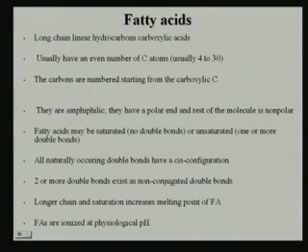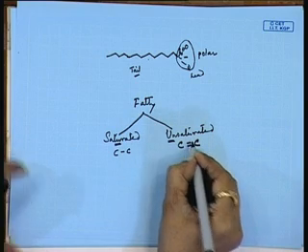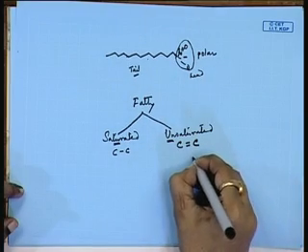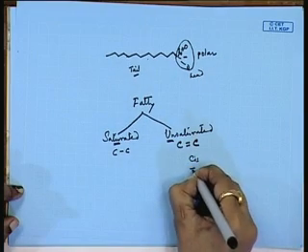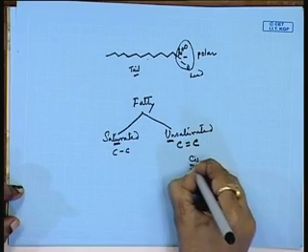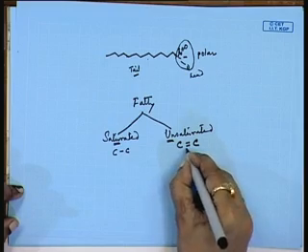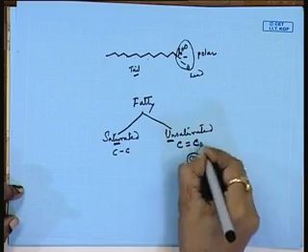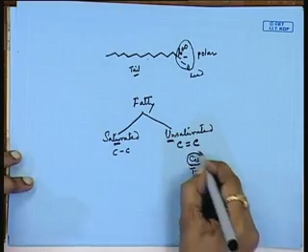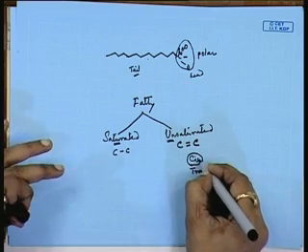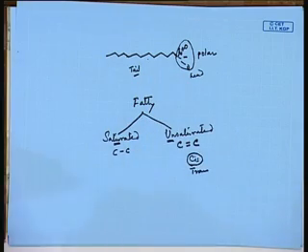All naturally occurring double bonds have a cis configuration. Most of these double bonds can be found either in the cis form or in the trans form, but in most cases these fatty acids are found in the cis form. I will come to what cis and trans are gradually.